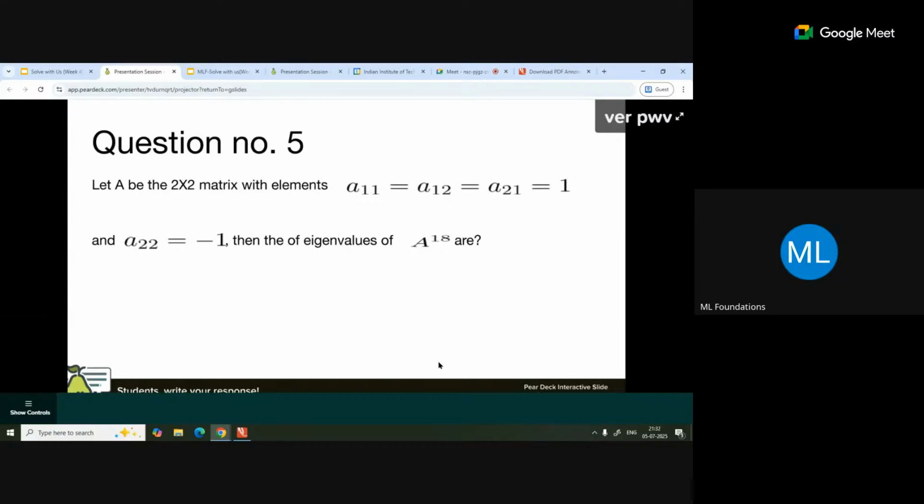Let's solve this question. I can continue for 5 minutes more, and then I'll stop. Let A be a 2 cross 2 matrix with all these elements. Eigenvalues of A to the power 18 are what? What is matrix A here?